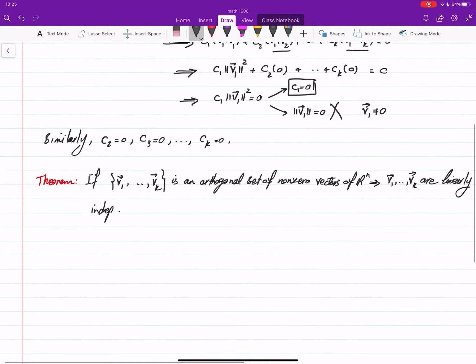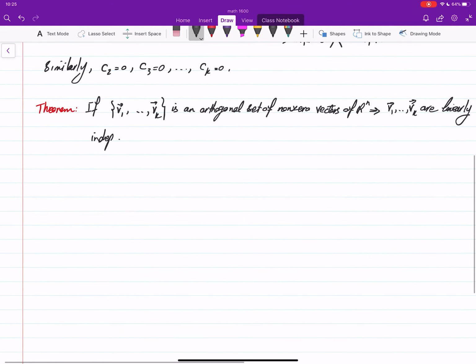Non-zero is very important because we can have the zero vector in an orthogonal set. Very nice. So non-zero vectors of an orthogonal set are linearly independent. What would be the corollary of this?